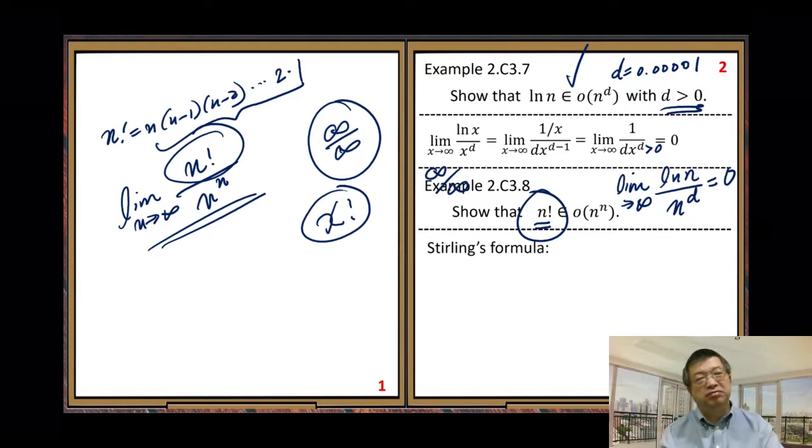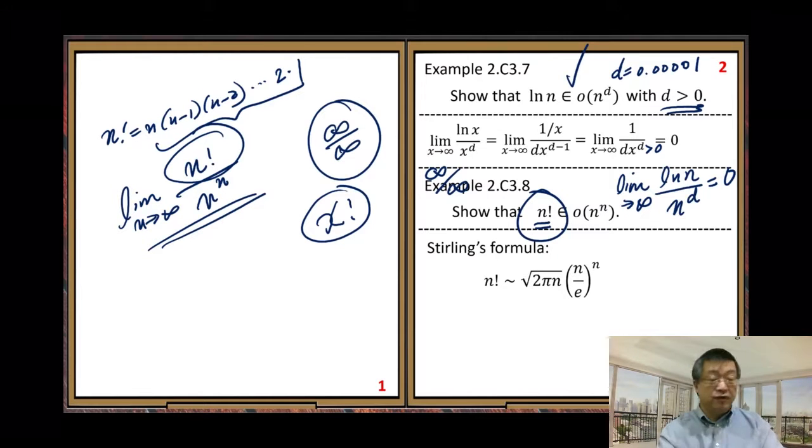Stirling's formula. There is a famous Stirling's formula in calculus. That formula gives us an estimate of n factorial, which is the most useful part for this problem.